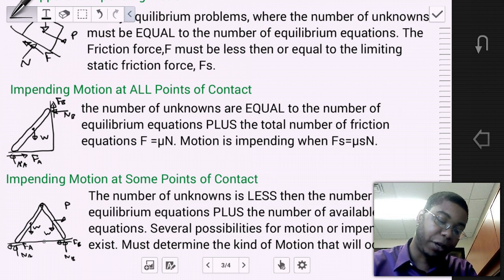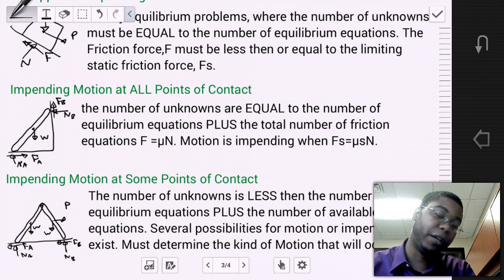Both have a point of contact with that surface, a point A and a point B. However, point B is free to move with point A not moving. Because this is a pin connection, that pin can rotate freely. So if point B moves, the member will rotate, but point A does not necessarily have to move. Same thing vice versa, where point A can move and point B can still be fixed.